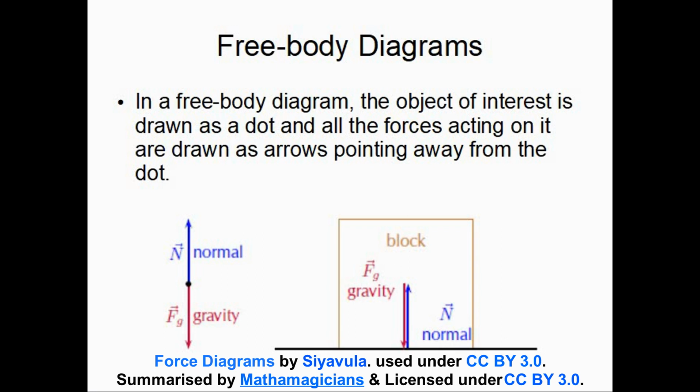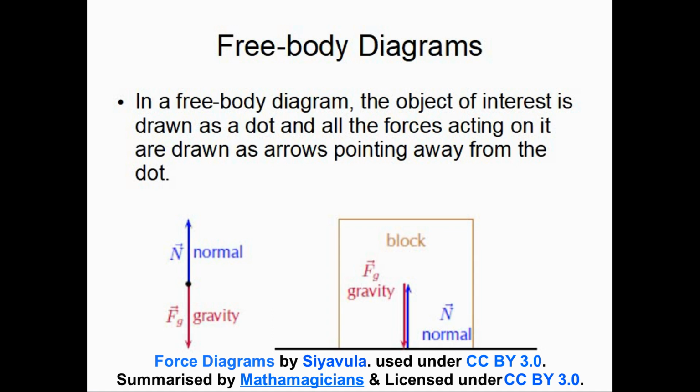Taking the same diagram, with only the two forces, gravity and the normal force, acting on the block, we just take the block and draw it as a dot, and then draw the two arrows pointing outwards from the dot. Again, the gravitational force Fg in pink goes downwards, and the normal force in blue goes upwards, away from the block.